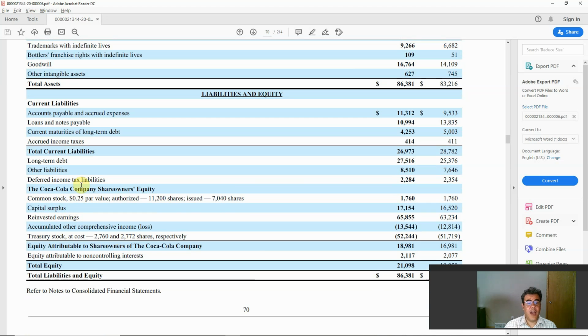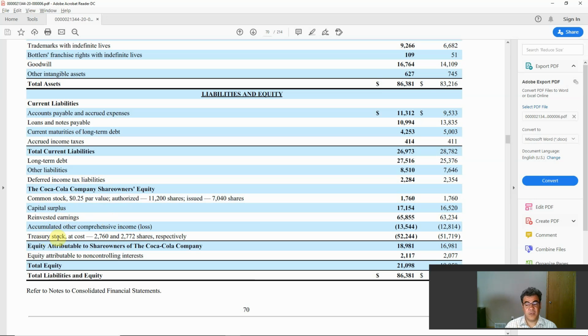After that, we have what they call share owners' equity, or stockholders' equity, or owners' equity. Common stock and capital surplus, usually we combine them. We have the stocks, reinvested earnings or retained earnings, and then other topics here, other comprehensive income, treasury stock, the stocks that we are the owners of.